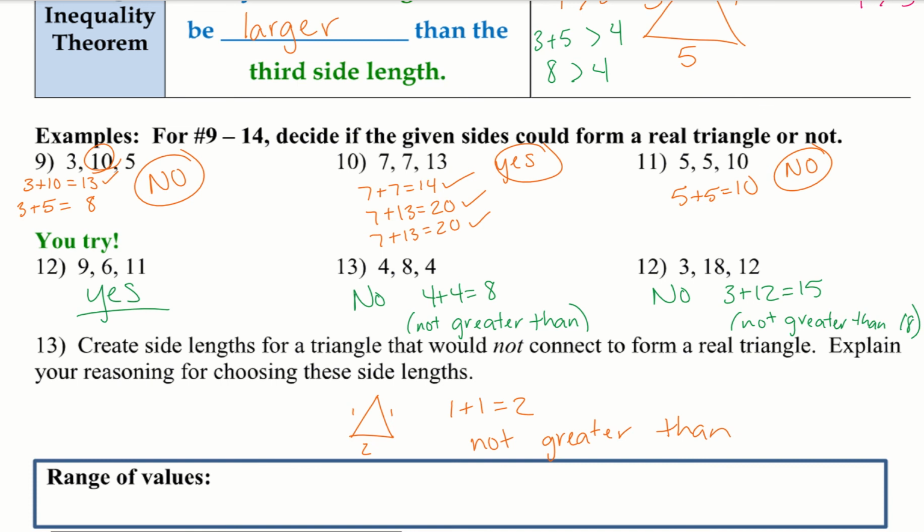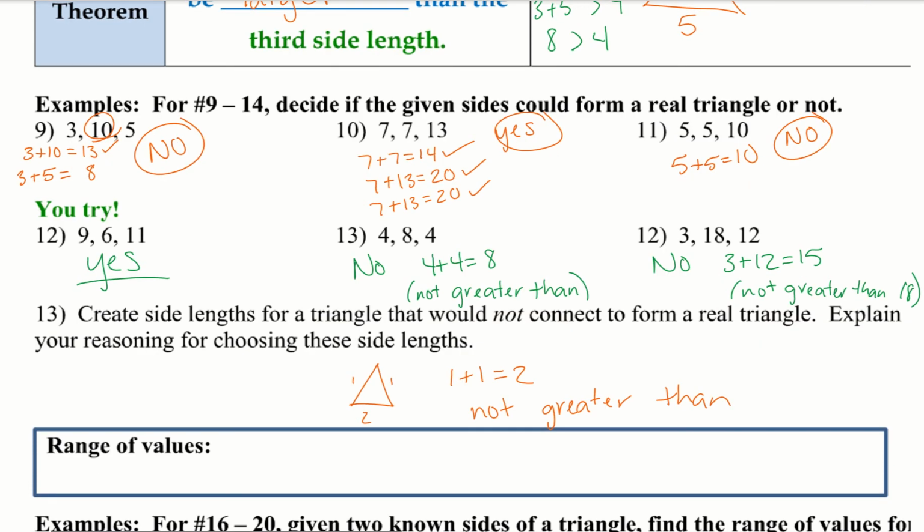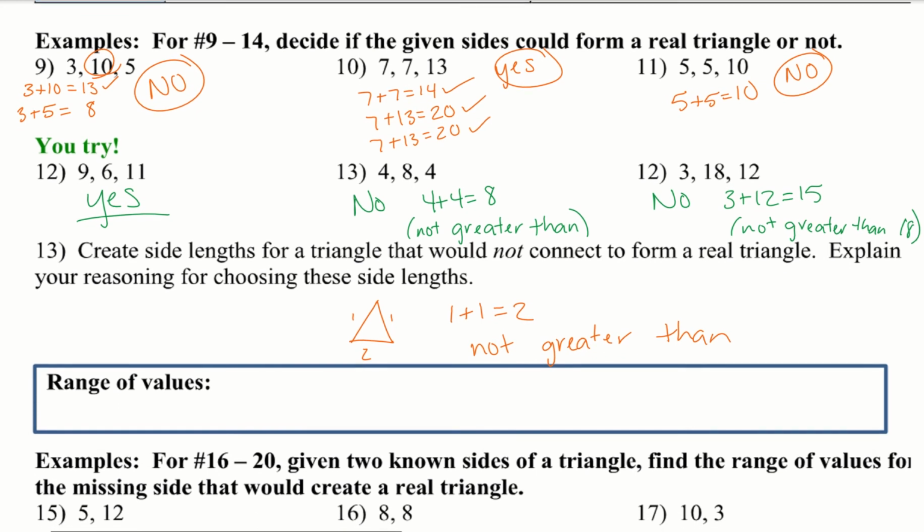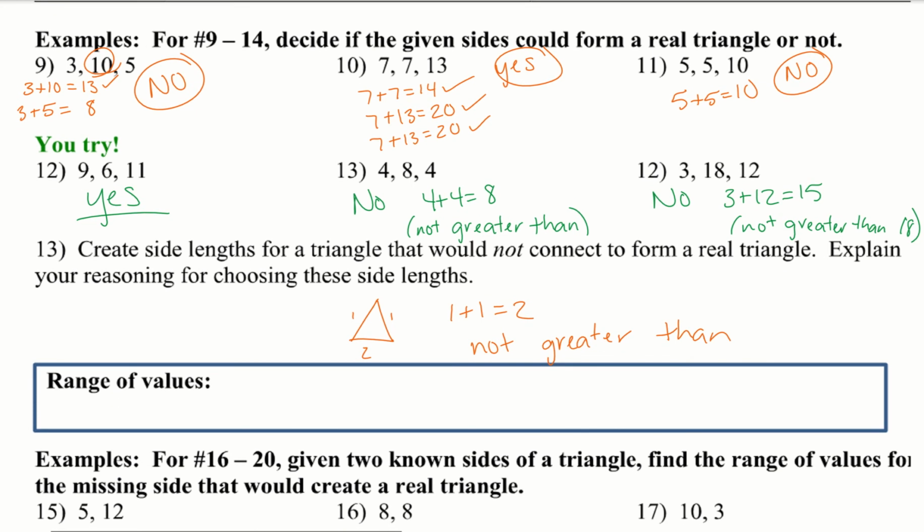Okay. And the last part of our notes today is the different range of values you can have if you have a missing side. So if we look at 15, 16, and 17, we have two side lengths, and we have to figure out what the third side length could possibly be. There is a range of values that it could be. So we can do a minus b is less than x, where x will be our missing value, which is less than a plus b.